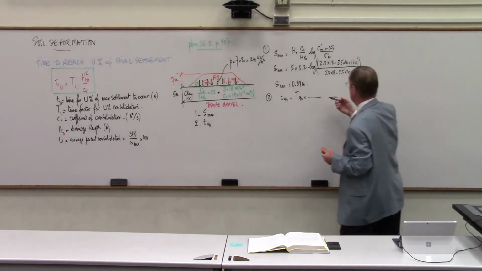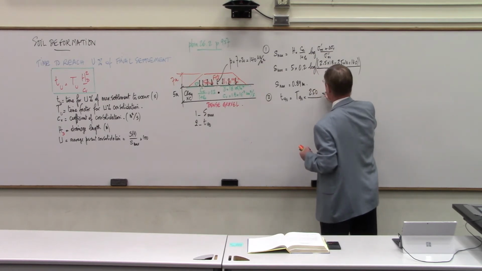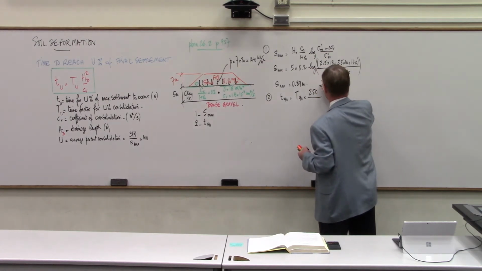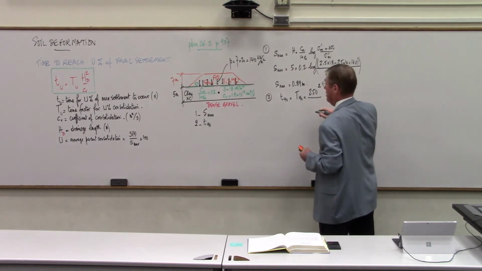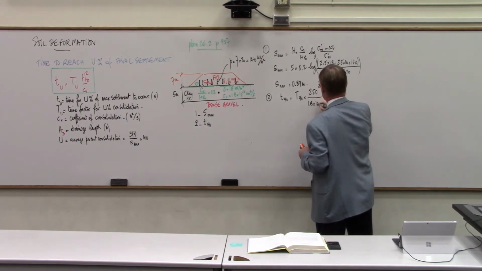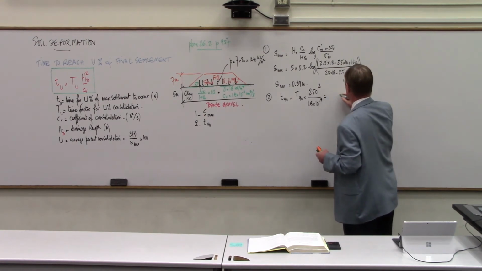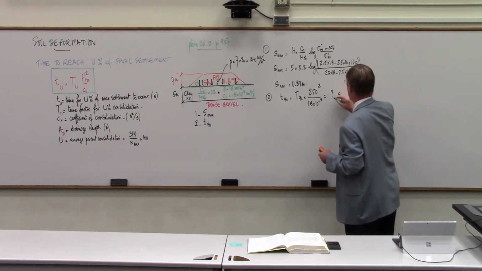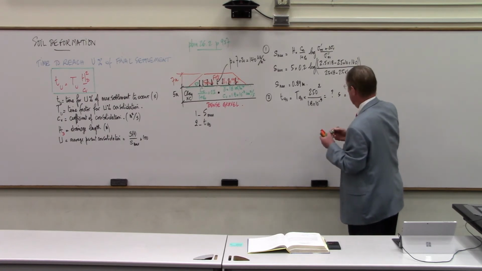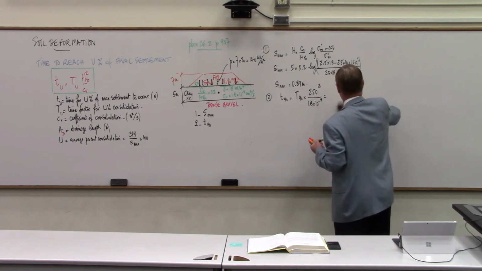So to keep the units consistent, 2.5 meters is going to be 250 centimeters, so 250 squared divided by 1.8 times 10 to the minus 3 centimeters square per second. So this is going to be the time in seconds, right here, which I then transform, oh wait a minute, so I'm missing T90 here.